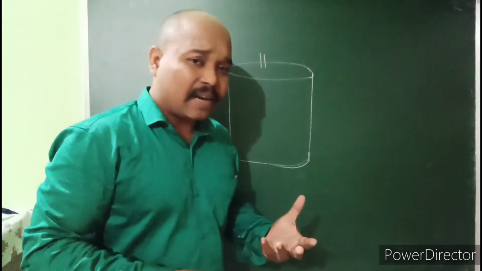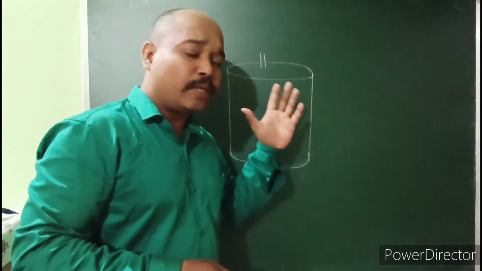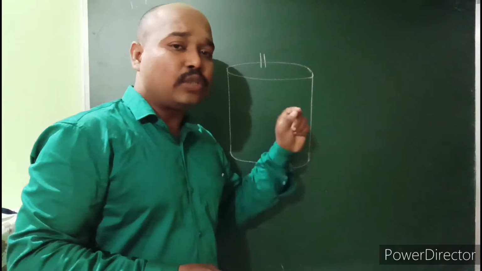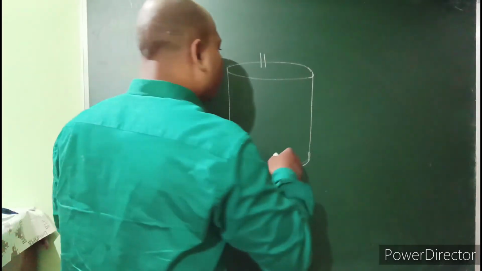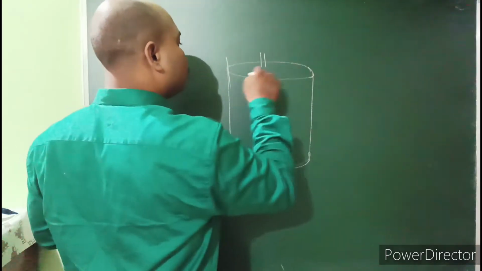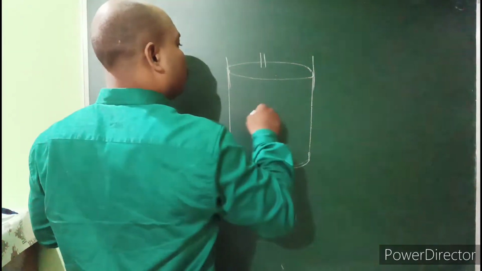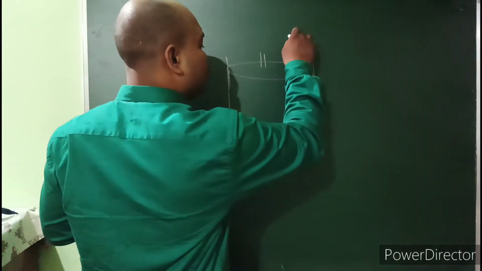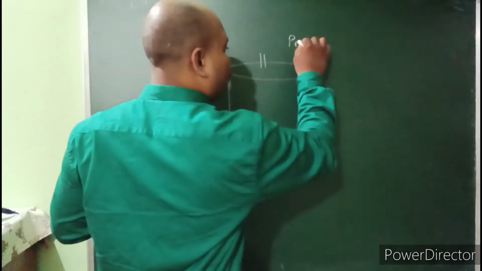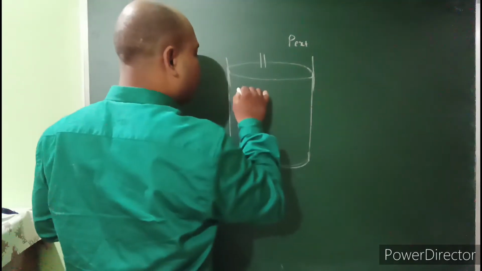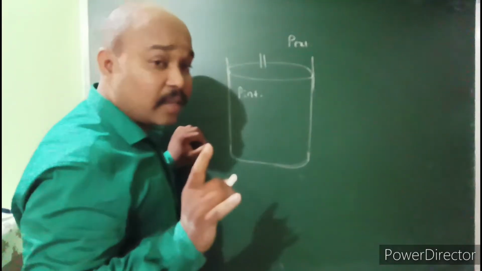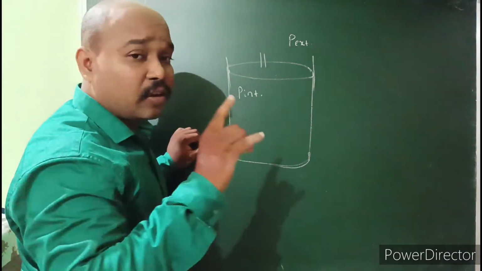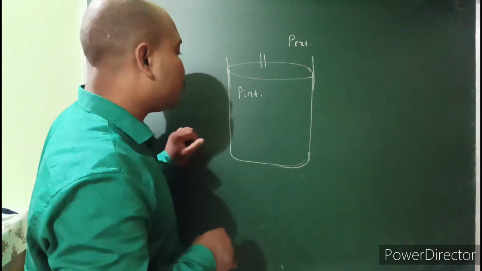So we will think that whatever the movement of piston will be there, that is due to the change in pressure only. Now consider this is the piston. As it is a piston, it has some external pressure and some internal pressure. The condition is that the piston is weightless and frictionless.